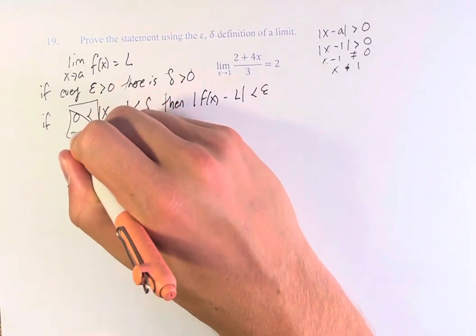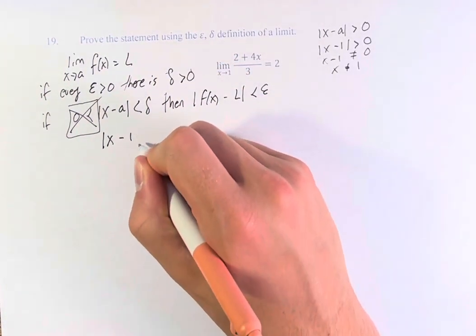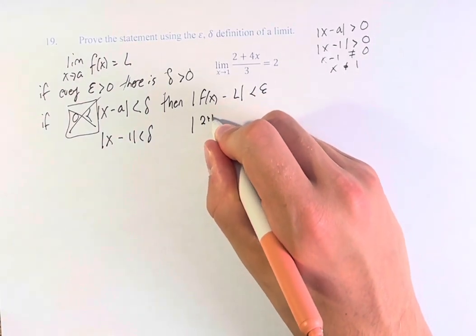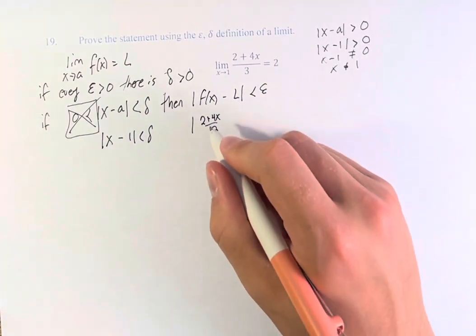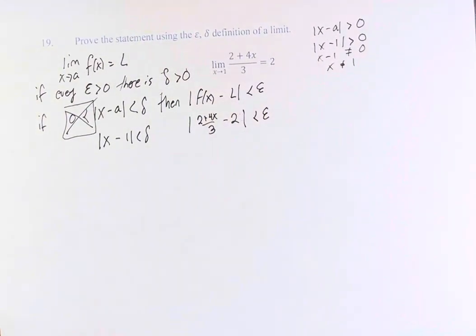So we can ignore this, and we basically have the absolute value of x - a, and again a here is 1, is less than delta, and |f(x) - 2|, where f(x) is (2 + 4x)/3, is less than epsilon.